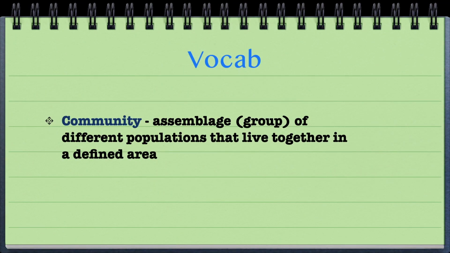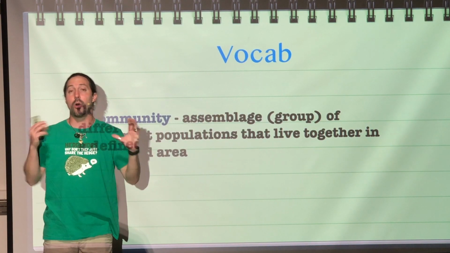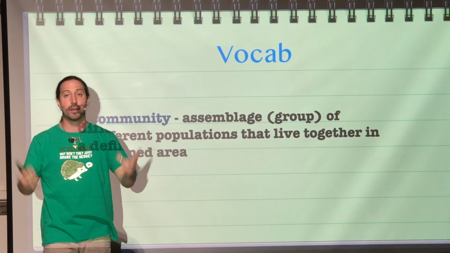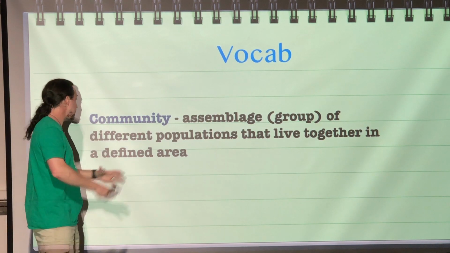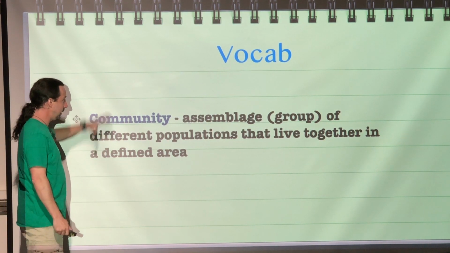When we're looking then at the next group, community, that is all of the organisms that exist within that ecosystem. All of those different organisms, they make up a community. The plants, the animals, everything. The fungus, all of the prokaryotes as well, they would make up the community.